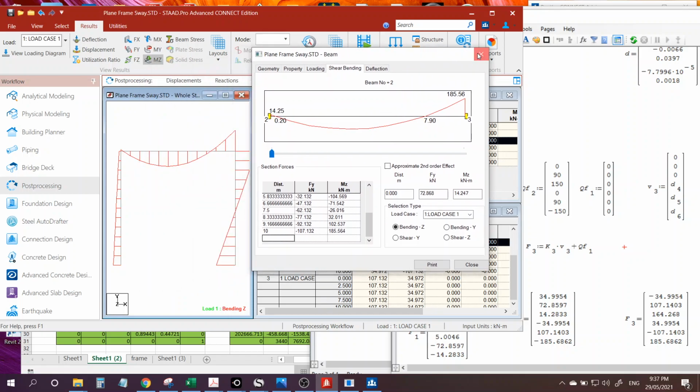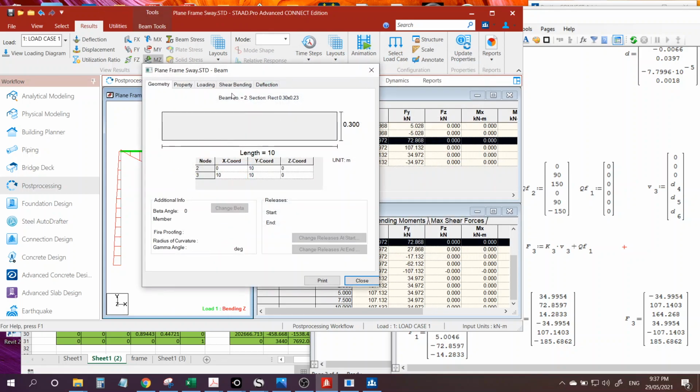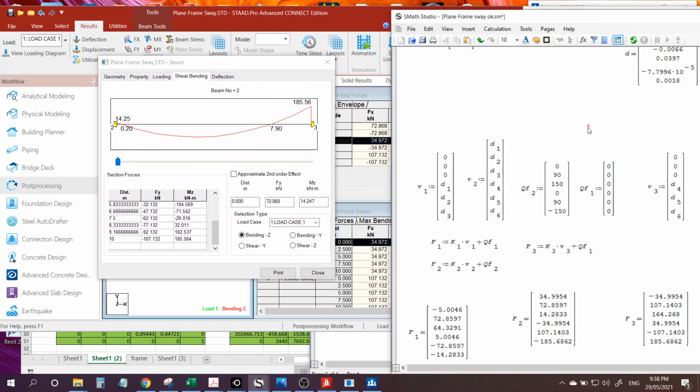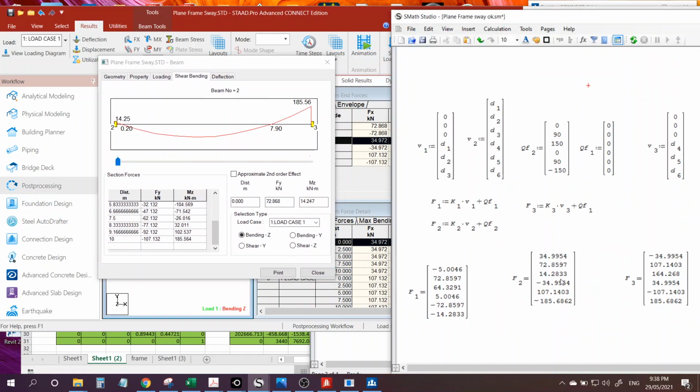So let's check member 2, shear and bending. These are the forces for member 2.